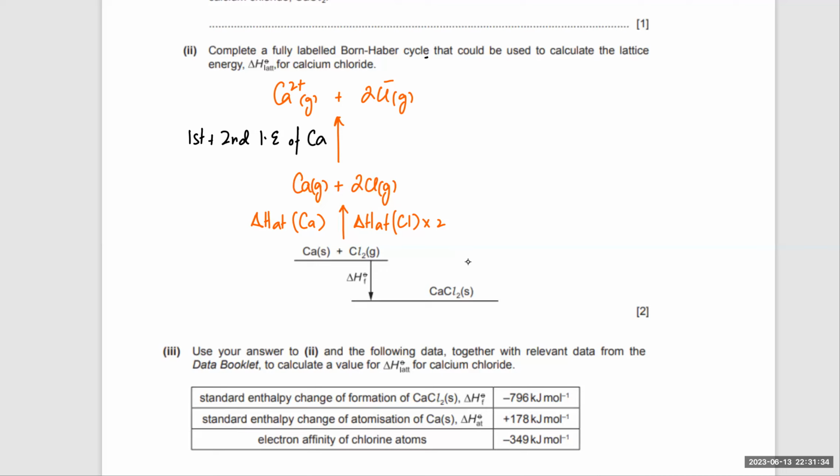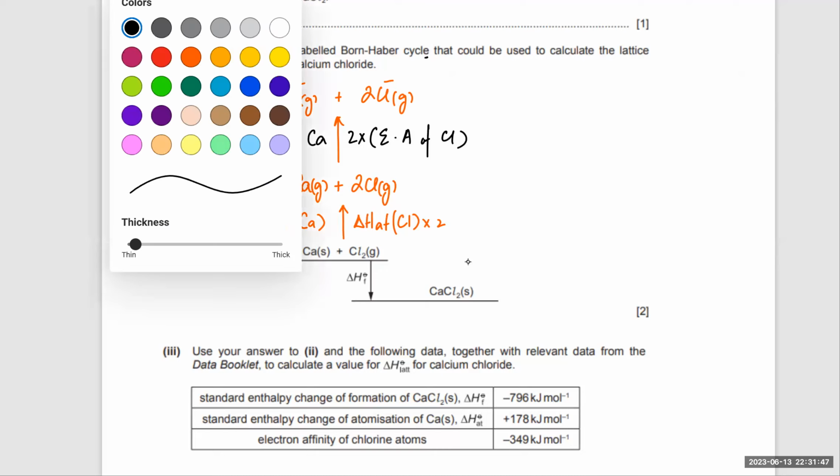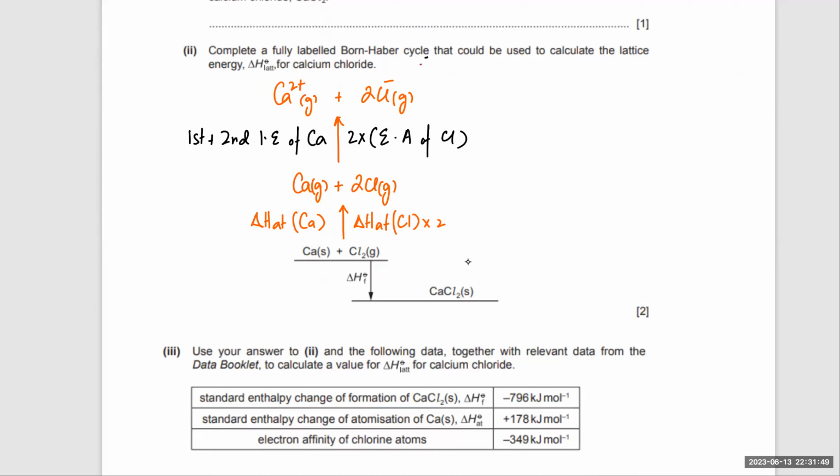And for Cl, it's the electron affinity of Cl times 2. And once I've got gaseous ions, I just need to make a lattice. So that's my lattice energy. Is this clear? Yep.